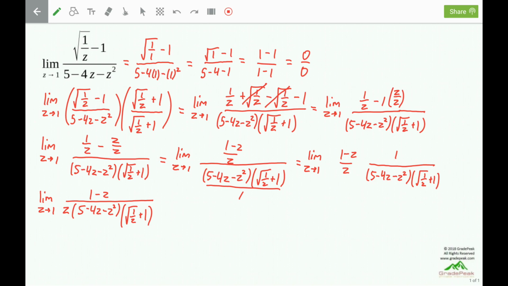It's probably best to factor a negative out of both the numerator and denominator. The numerator so that we get a z minus 1, and the denominator so that we can trinomial factor it. I need to take the negative out so the z squared term becomes positive. That will also make the 4z become positive and the 5 become a negative.